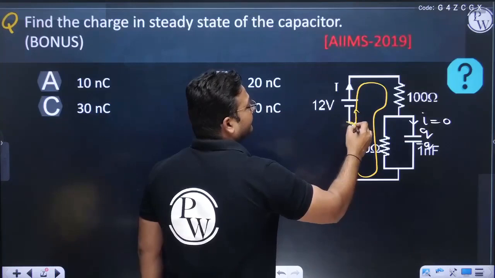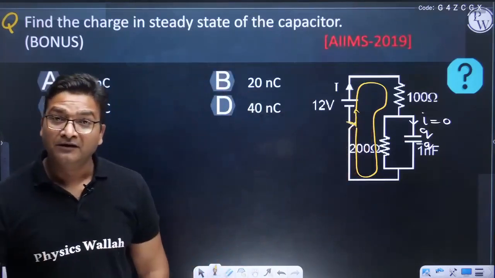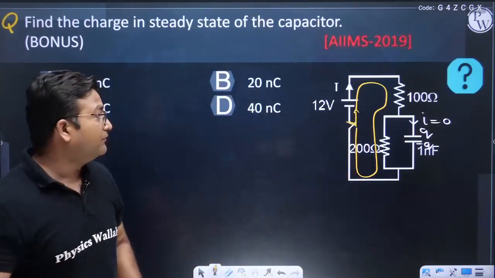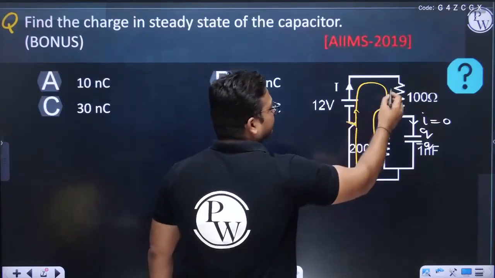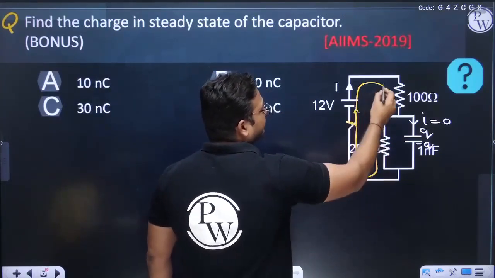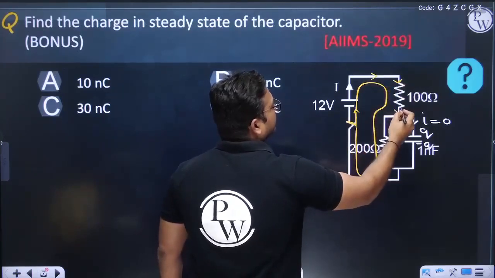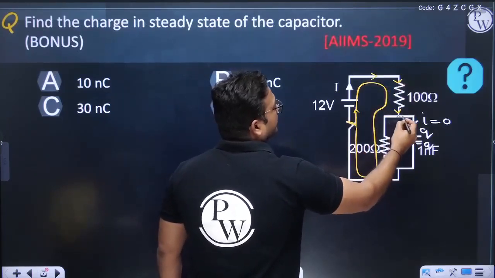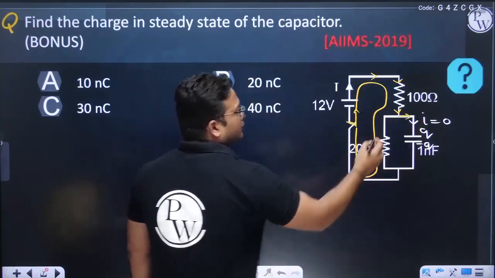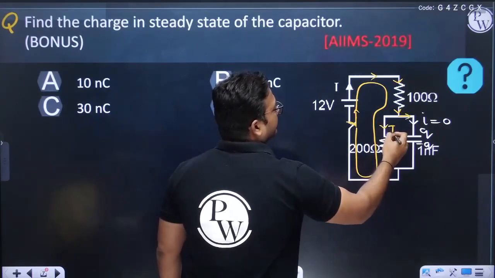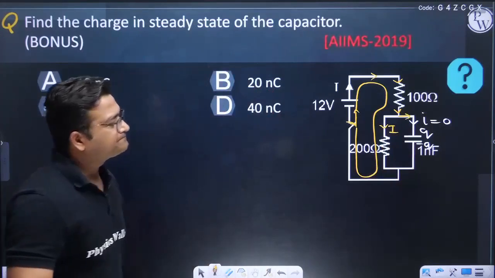If a closed path is available for current, it will definitely move. And see, this path is available. So current I will go here, here, here, and from here the current going in this direction is 0. So the total current I will come in this path.